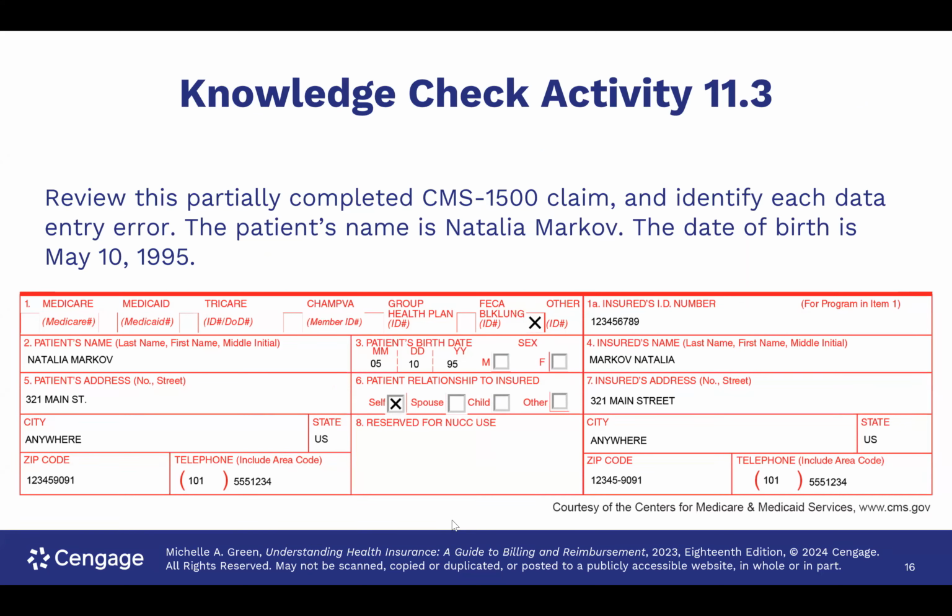So again, it's important to follow all instructions on the form. So let's take a look at these errors. There are actually 7 of them. Let's see how many of them you can get.